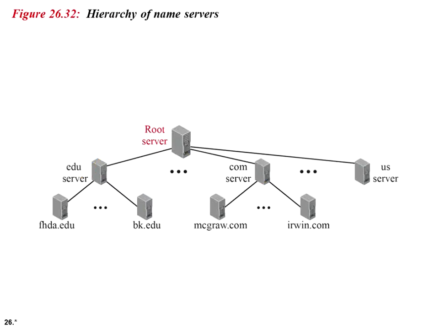You can see this figure. Here we have a root server. We have edu server, com server, us server, and then we have fhda.edu, bk.edu, mcgraw.com, irwin.com, and so on. So this is the hierarchy of name servers.